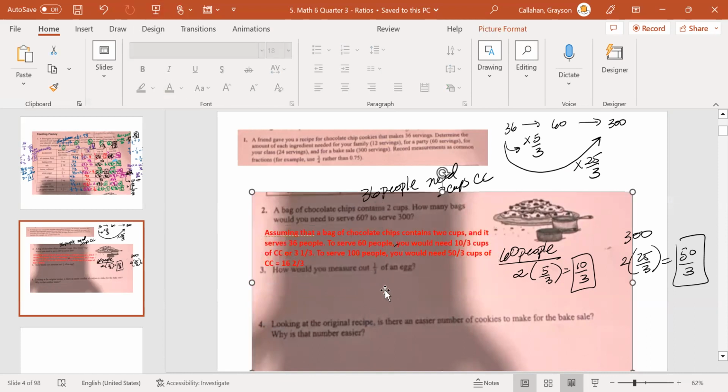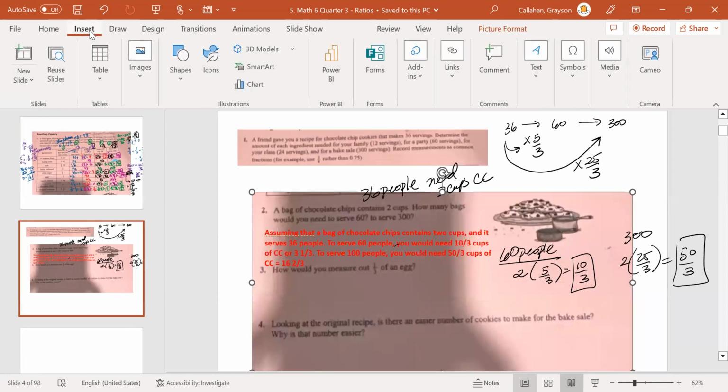How would you measure out 1/3 of an egg? So you can't cut your egg into a third, right?